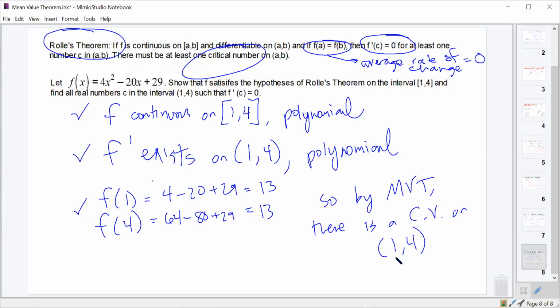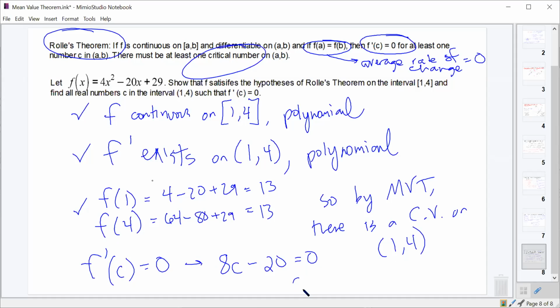And we should be able to find what that critical value is by taking the derivative, f prime, evaluating it at c, and setting it equal to 0. So what's the derivative of our function? Should be 8x, or if we're evaluating it at c, 8c minus 20.